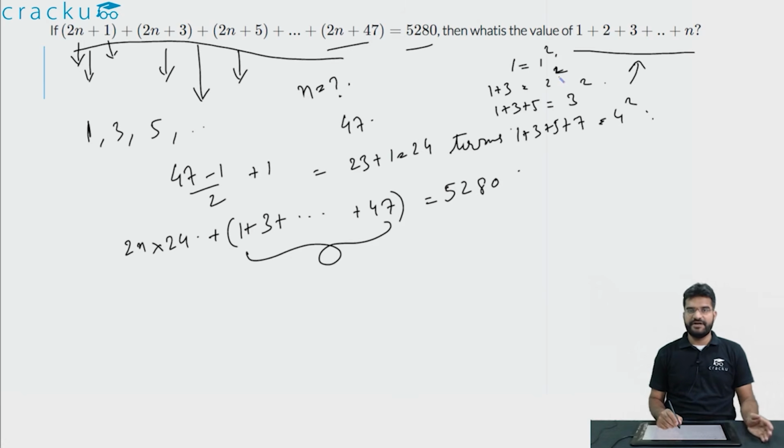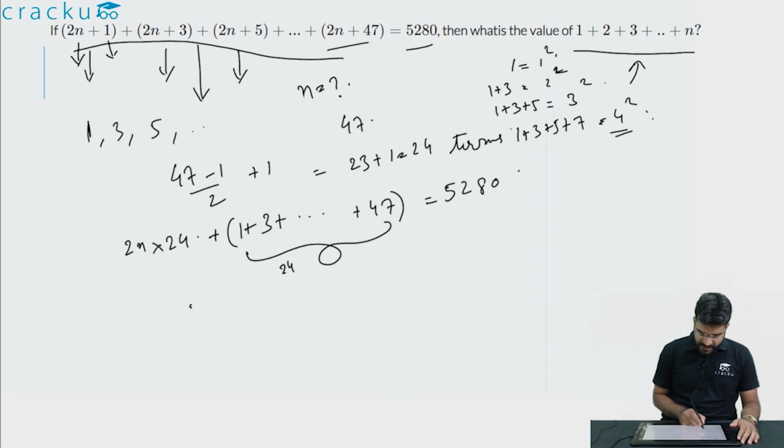The sum of them will be the square of the number of terms. In this case, there are 24 odd numbers starting from 1. So this will equal 2n into 24 plus 24 square is equal to 5280.